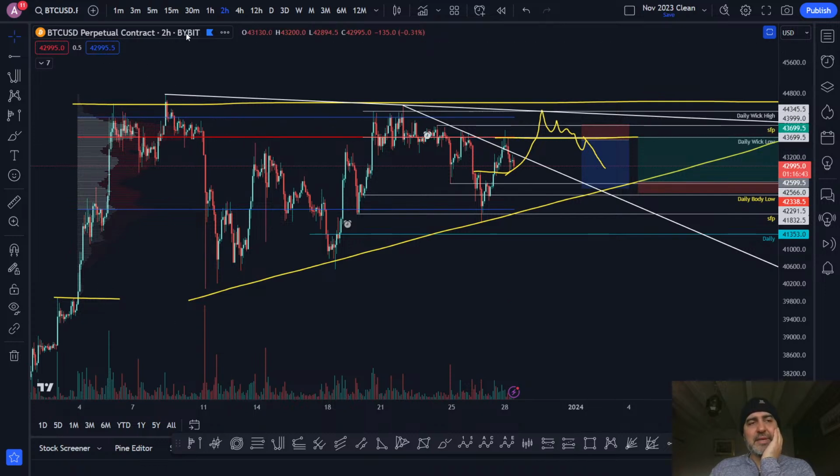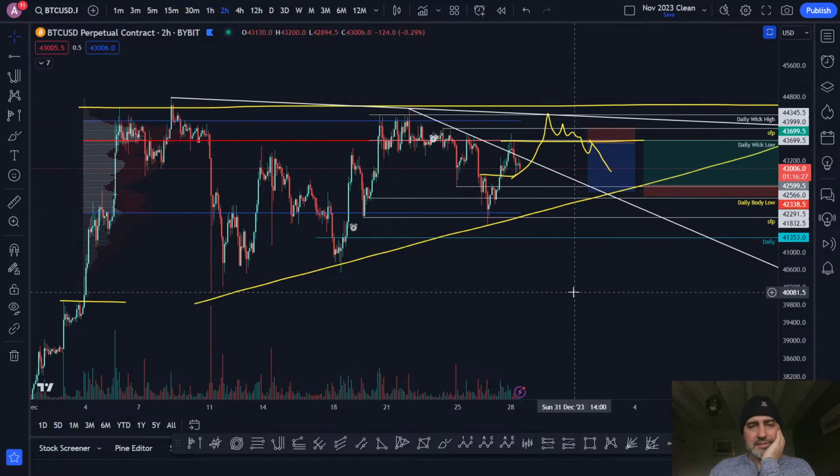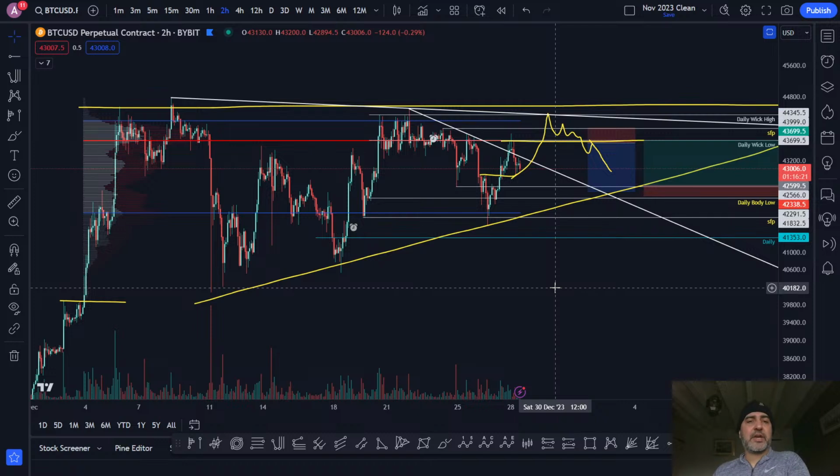So I'm using Bybit inverse perpetual, which is the inverse derivatives product on Bybit. And obviously you can use any exchange, and every exchange will have its own different volume profile. So often it's just a good idea to compare the big exchanges as well, because sometimes you'll get a divergence, you'll get different volume levels.